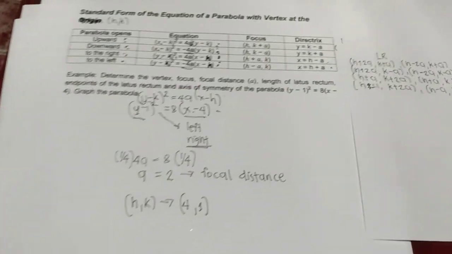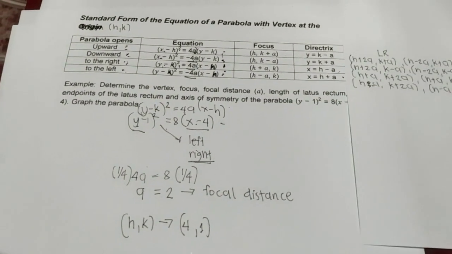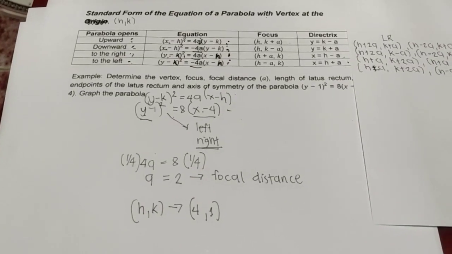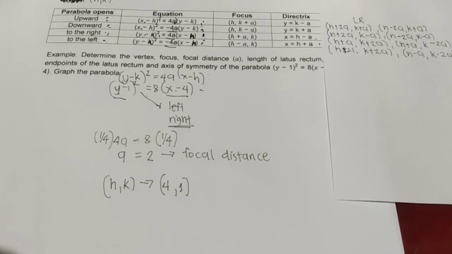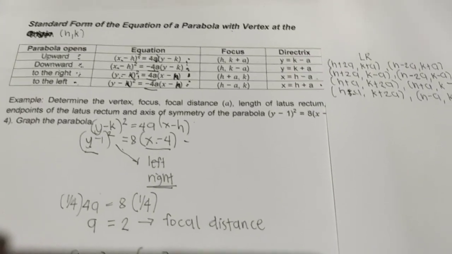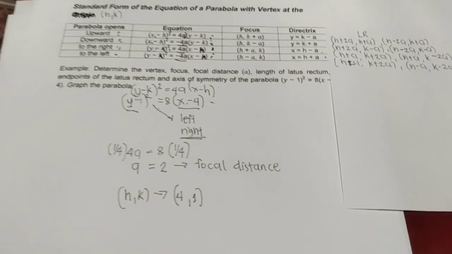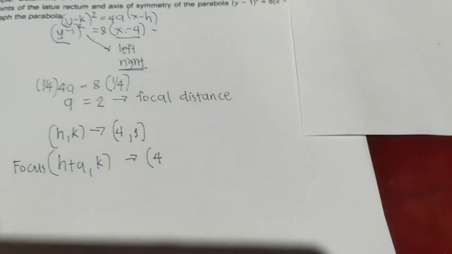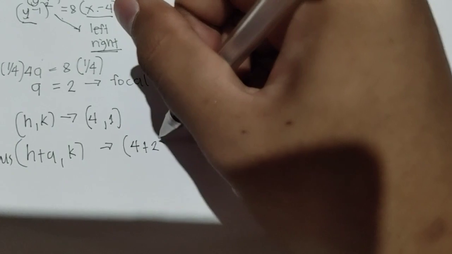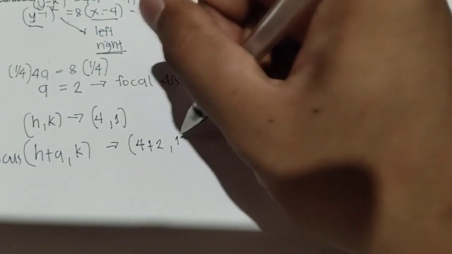Next, we are going to get the focus of the parabola. The focus of the parabola that opens to the right is (h plus a, k). So we have h, which is 4, plus a, which is 2, comma k, which is 1.